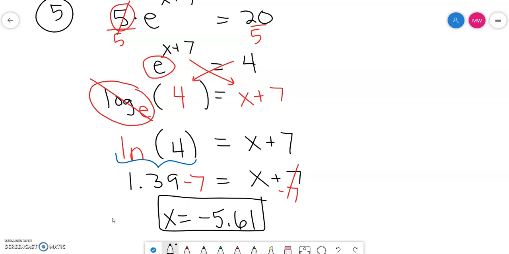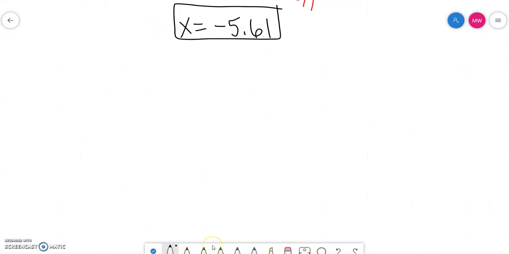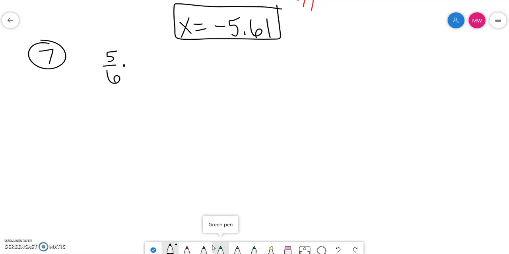All right, let's try one last example. Let's take a look at number 7. Number 7, we've got 5/6 times e to the 2x minus 5 power equals 2.5.